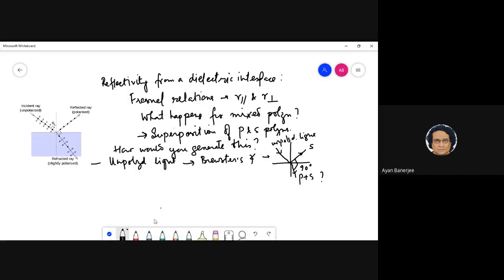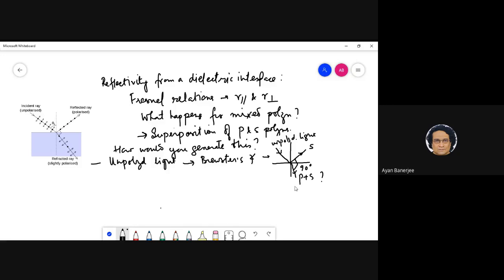By the way, did you guys appreciate what Jivan said? Basically you have a random mixture of S and P, but the degree of polarization is zero. So here you get highly polarized light. But in this one, because there is some kind of ordering, since this component exactly comes out and some of the components are missing here, the degree of polarization is slightly increased.